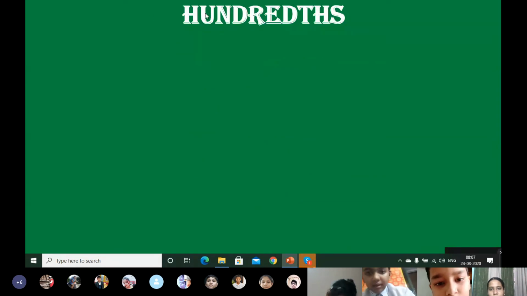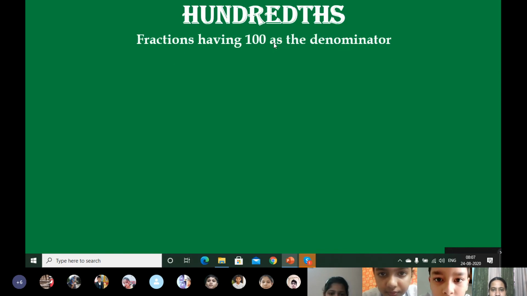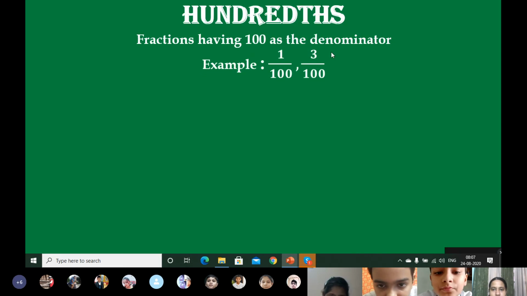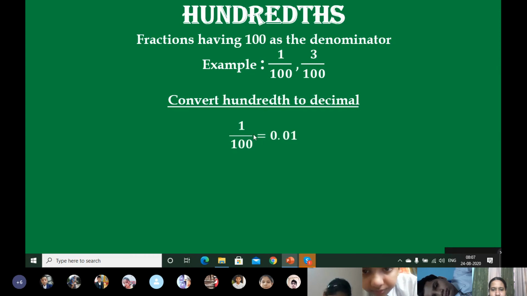Now comes another one: hundredths. I am not writing hundreds, I have written hundredths. What does hundredths mean? Fractions having 100 as the denominator, that is 1 by 100 or 3 by 100 and many more. If we want to convert to decimal, 1 by 100 is equal to 0.01. In the previous case, there was one 0 in the denominator, so we shifted the decimal by one position to the left.